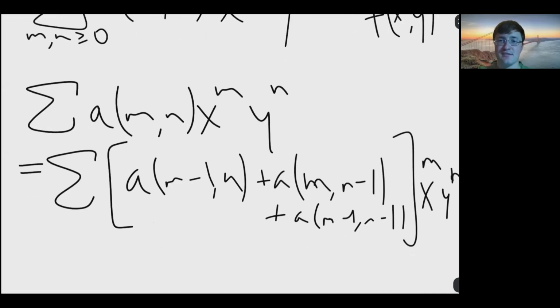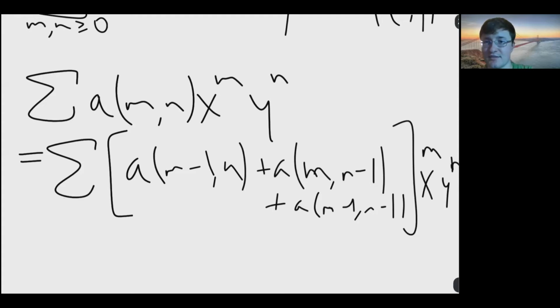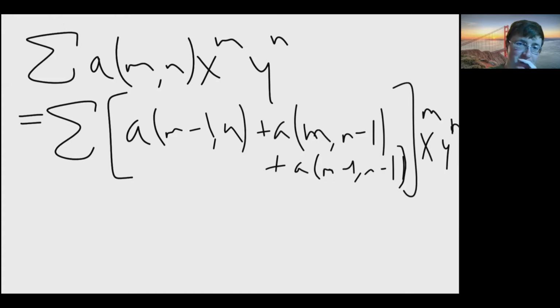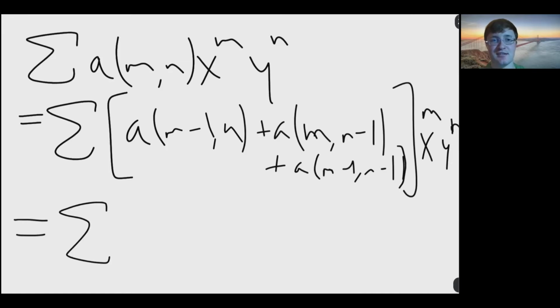Now we just have to figure out what to do with all this. A(m-1,n) means I'm shifting m by 1 and leaving n unchanged. So what I can do is write the sum of A(m-1,n) x to the m, y to the n as the sum of A(m,n), but now I shift m up by 1.